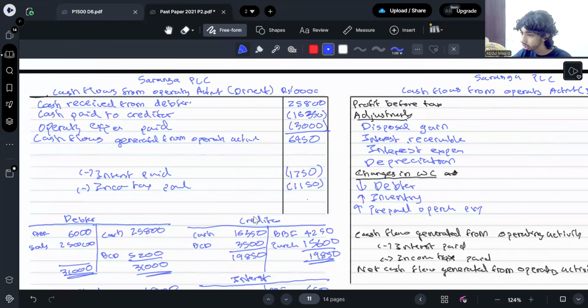From that, if you deduct the interest paid and the income tax paid, 6,450 minus 1,750 minus 1,150, 3,550, net cash flows generated from operating activity.